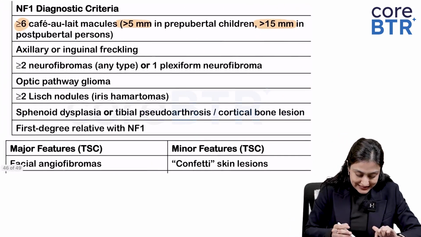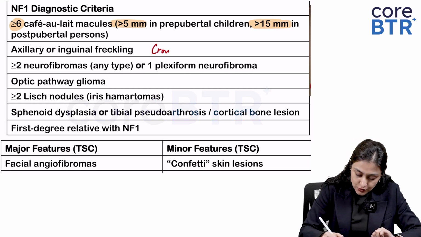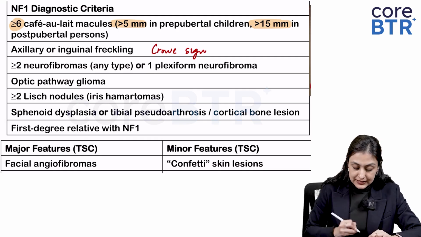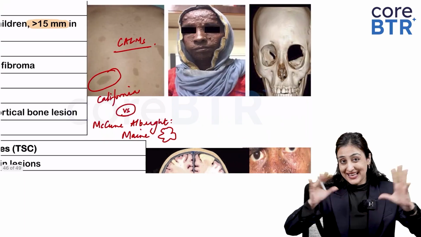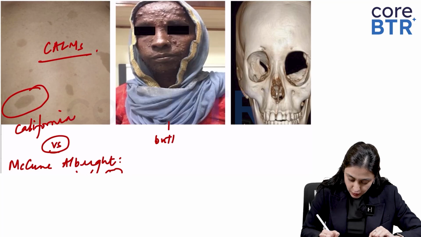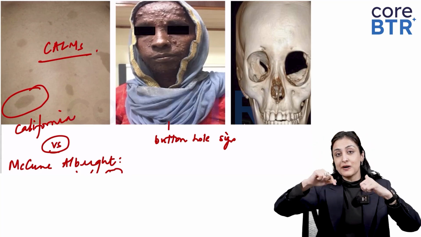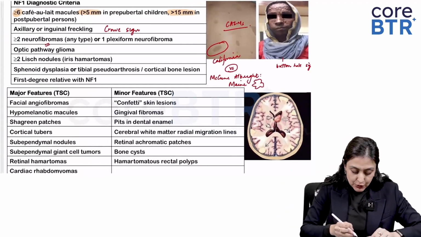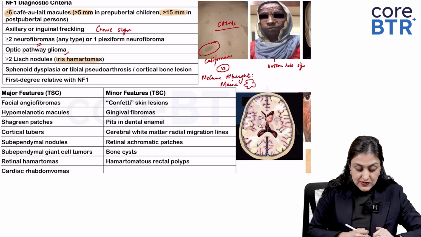You also need axillary or inguinal freckling, that is called Crowe's sign. There are neurofibromas, either 2 or more dermal or 1 or more plexiform. In these neurofibromas, you have something called the buttonhole sign, meaning if you press on it, the central part is depressed. Then you may see optic nerve gliomas, Lisch nodules, which are iris hamartomas.